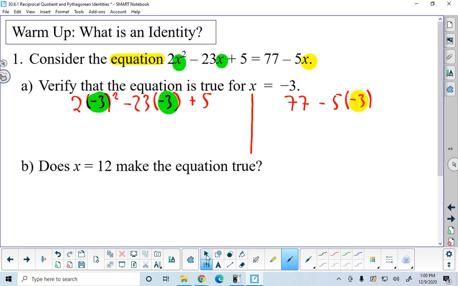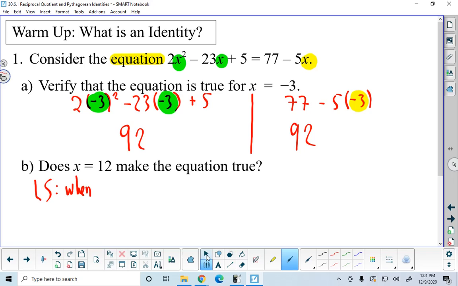So this is not a difficult task. Since the left side and the right side are equal, we have verified that that equation is true when x is negative 3. Now, does 12 make it true? I'm not going to show my substitution here.